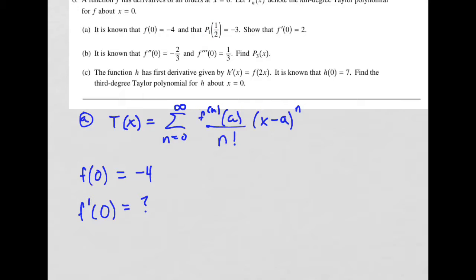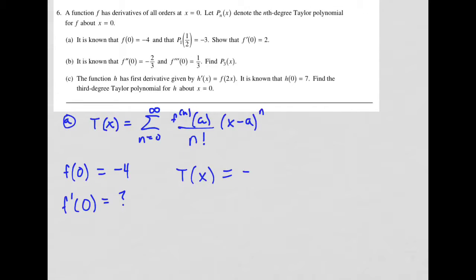So I'm just going to start writing this out. T of x starts with -4, because I would have x minus 0 to the 0 power, so that just goes to 1, and this also goes to 1 when I plug in 0. So that's for n equals 0. And then the second part is f prime of 0. I don't know what that is, but I'm going to figure it out.